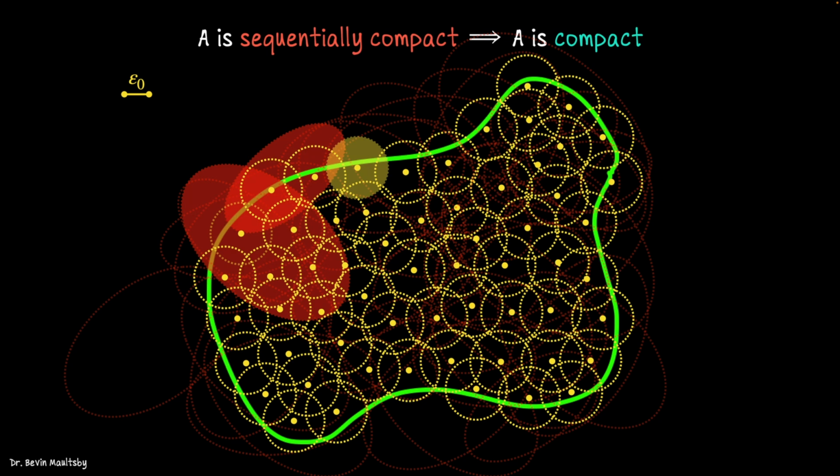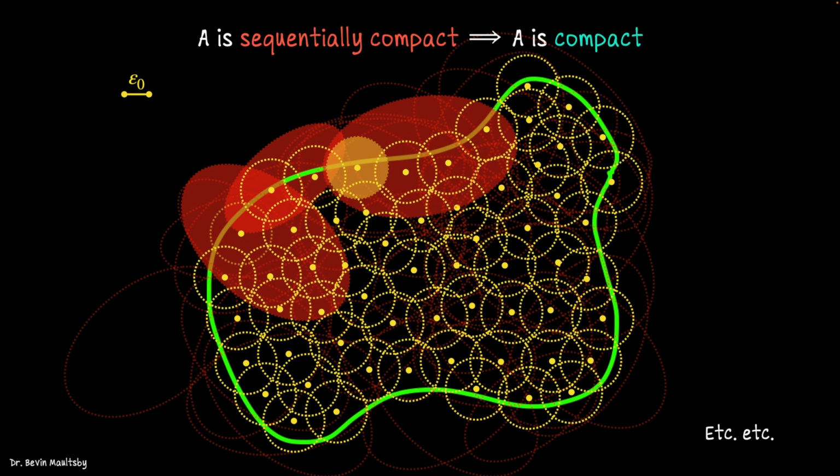For this neighborhood, there's some open set from the original cover containing that neighborhood. I'm not going to keep doing this, but this is the idea. For each of these yellow neighborhoods, we go back to the original cover and grab some pancake from the open cover which contains that neighborhood. If I have, say, 30 of these yellow neighborhoods, I will end up identifying 30 red neighborhoods, and those form the finite subcover of A.